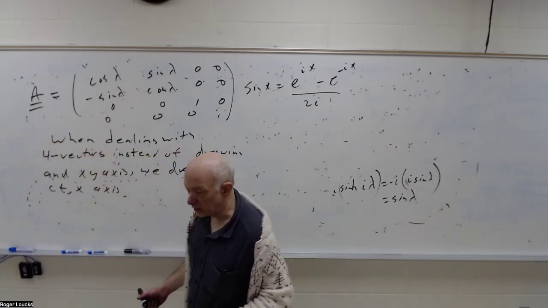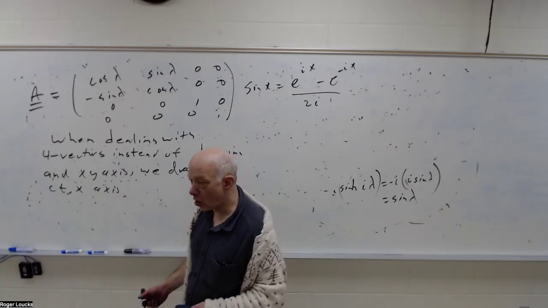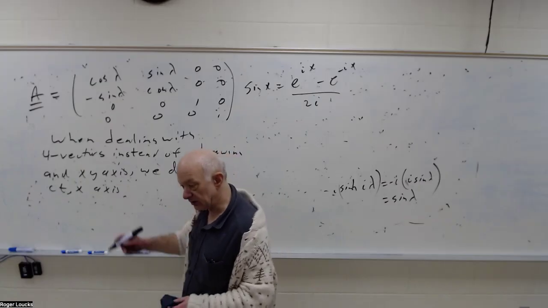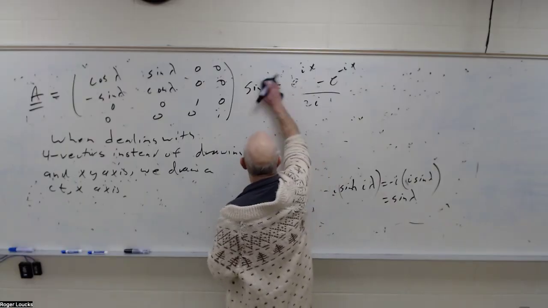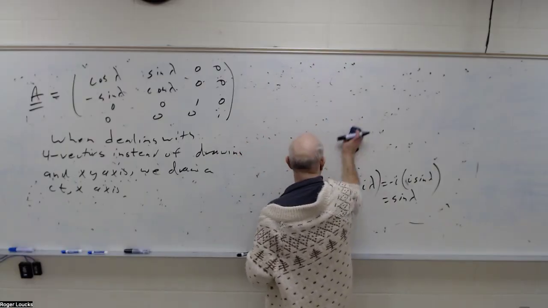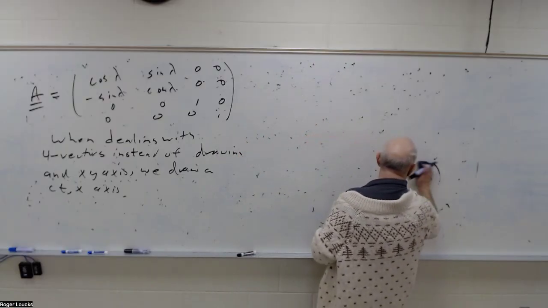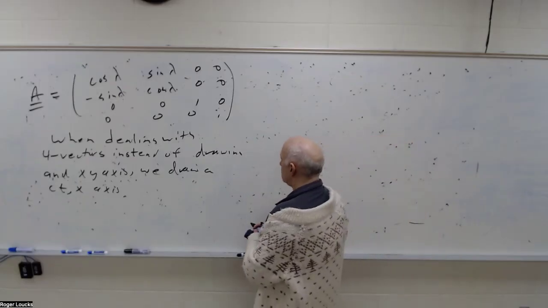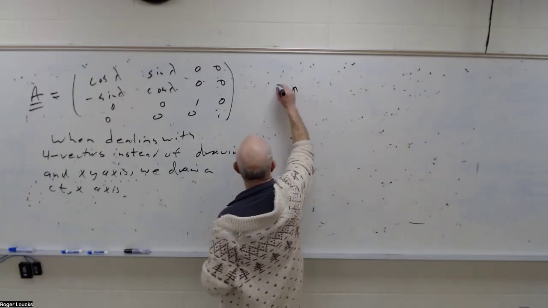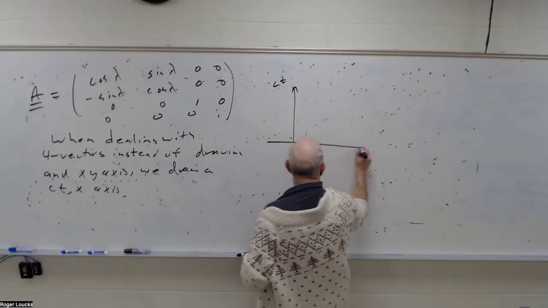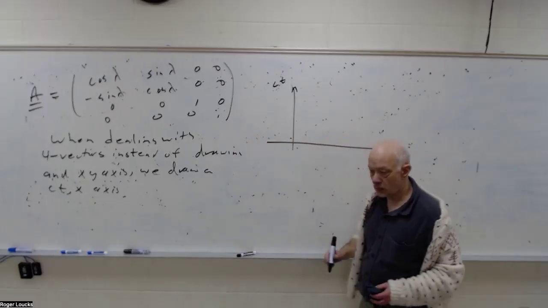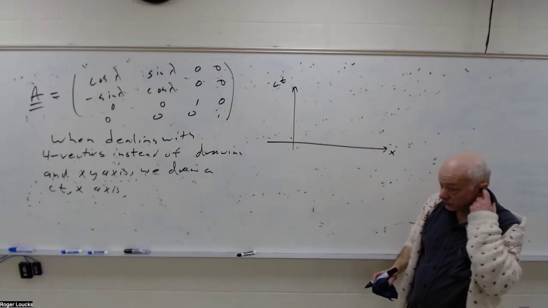Almost invariably, not always, but almost all the time, CT is the y-axis, and the x-axis is just x. So we're going to have CT here, and this is going to be x. Okay, and this is called space-time.